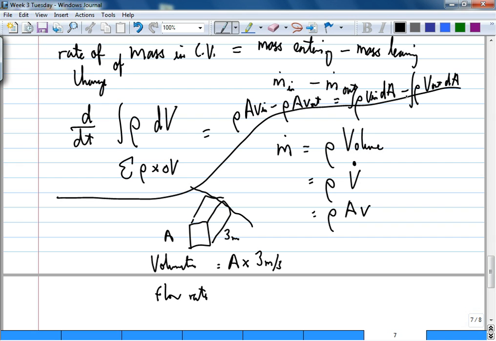In case they're not all the same, you must integrate over the entire area. That's what the integral is, basically a sum, in case you have not only one spaghetti stream but many, each not moving at the same speed. But if you have only one spaghetti stream going in and one coming out, then it's like one tube.